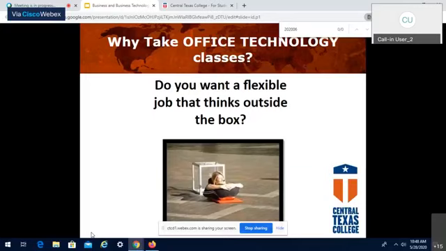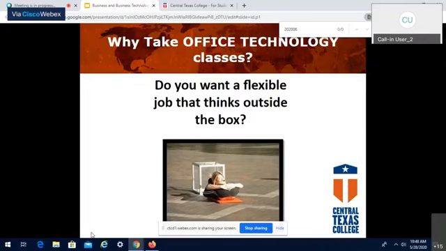I always ask the question, what does office technology have to do with Dr. Reese's area? How can we intertwine each other? So office technology, of course, is office and the technology that comes along with it. All our offices generally these days have computers, phones, network systems, internet, all those things that make up a business.